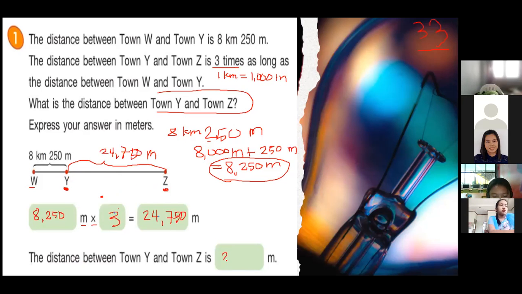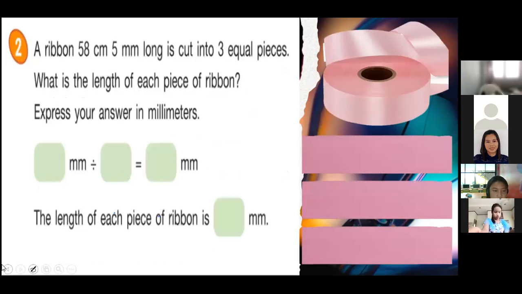So that is the answer, 24,750. Okay, finish. Okay, let's proceed to number 2.